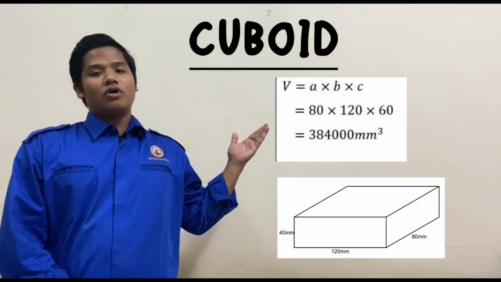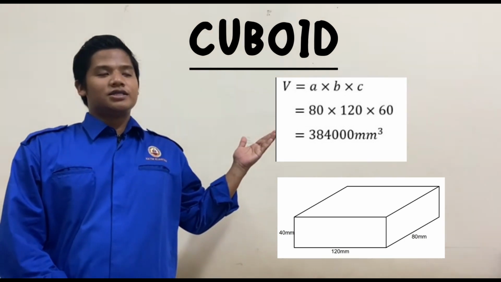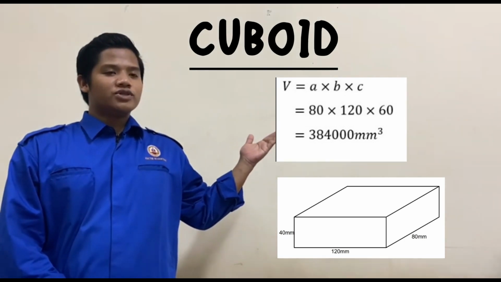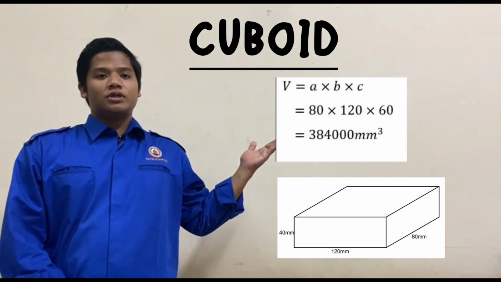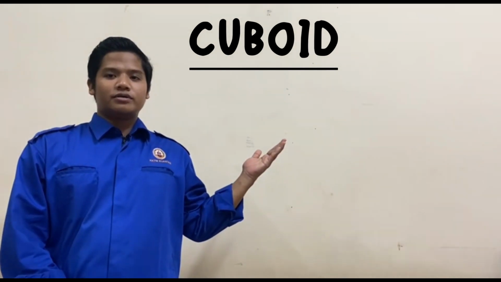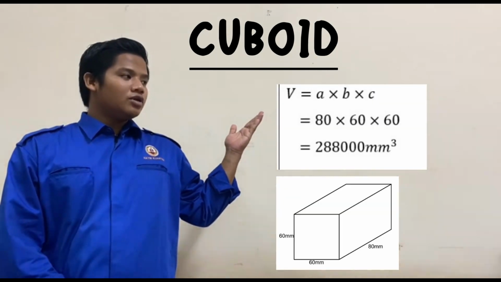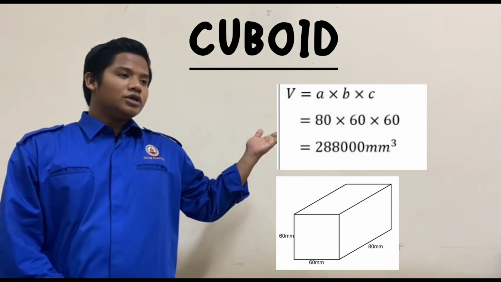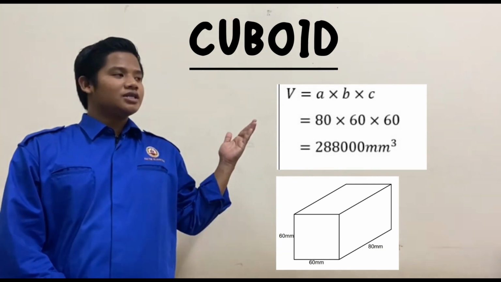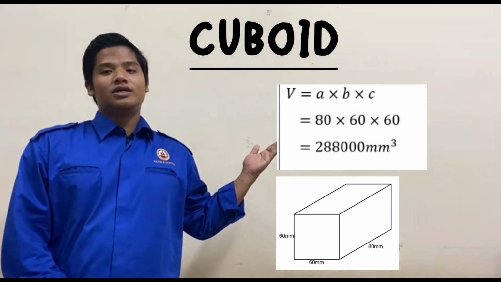We substitute all the values into the equation and we get 384,000 millimeters cube. The next part of the toy is also a cuboid. We use the same formula and substitute all the values into the equation and we get 288,000 millimeters cube.